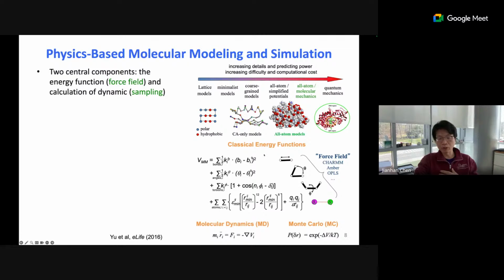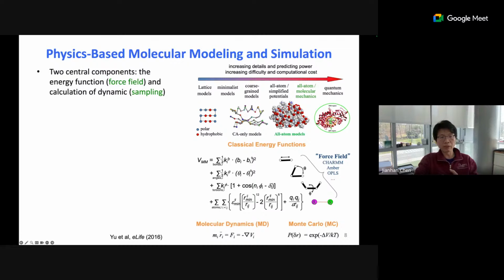This energy function contains terms that are based on our physical understanding of the types of molecular interactions that exist. For example, we know that there are chemical bonds, and we know that the angle of two adjacent bonds is also limited by molecular orbital properties, etc. And we know that any atoms can have the so-called van der Waals interaction, or if they carry charge, they can have Coulombic interaction.